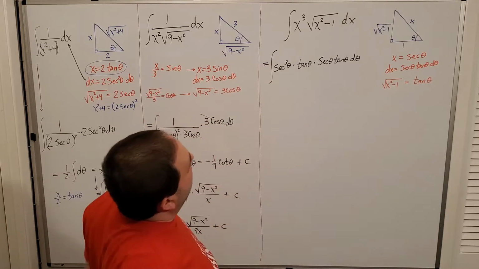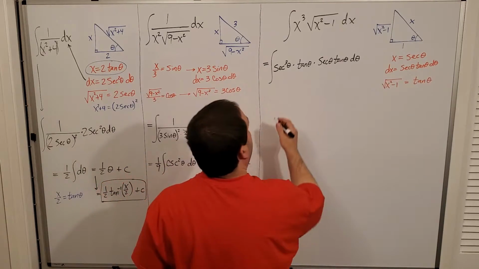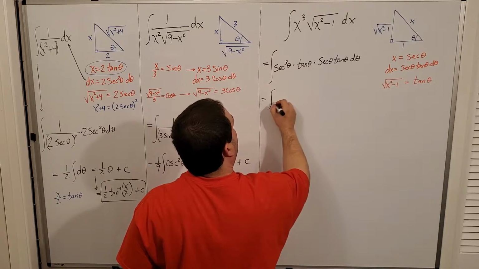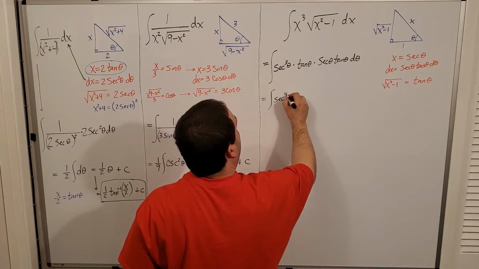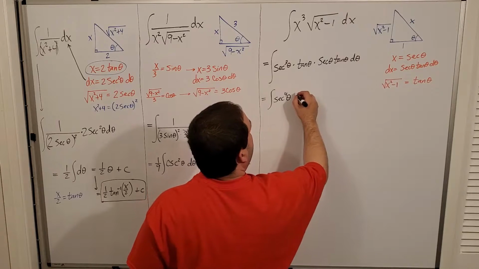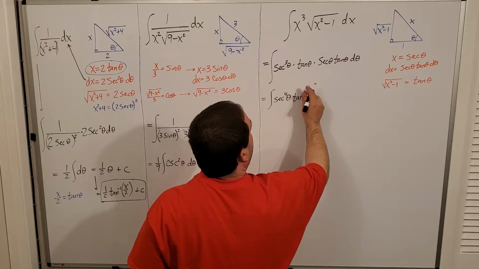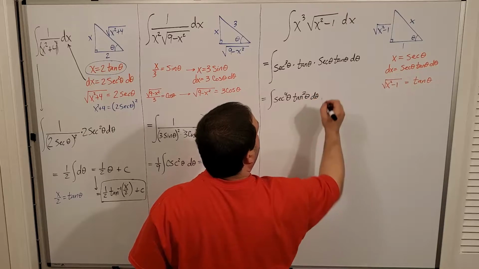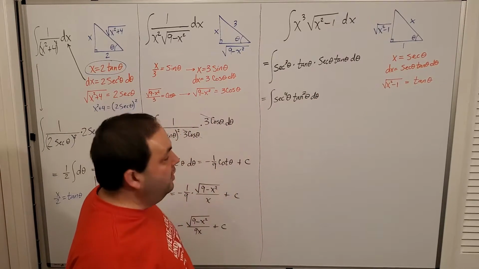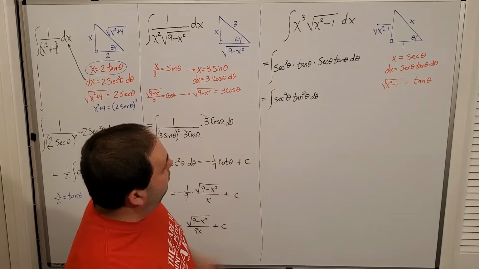So I'm going to mash all of that together. And I've got an integral of secant to the 4th times tangent squared d theta.